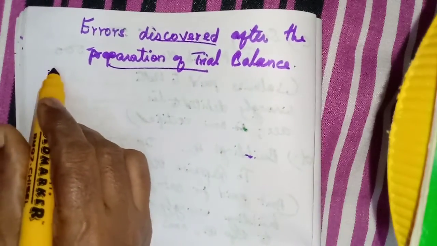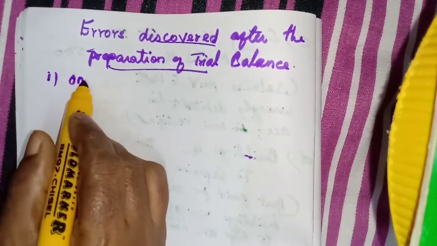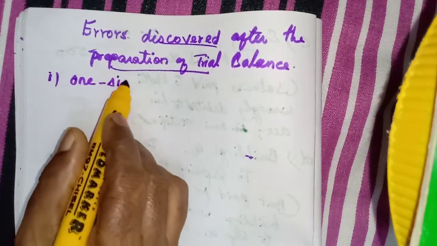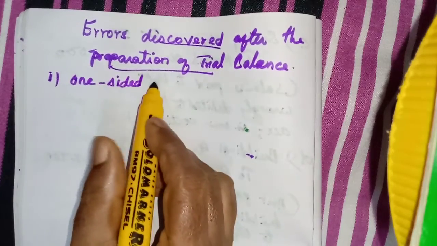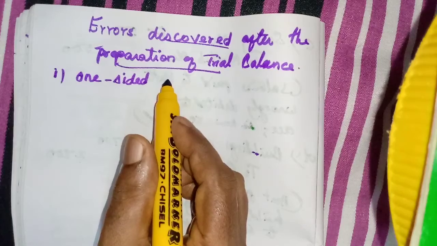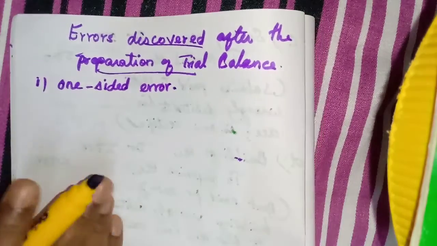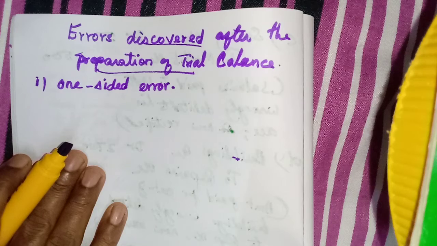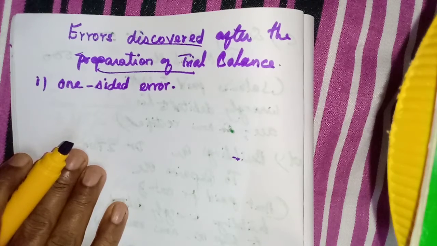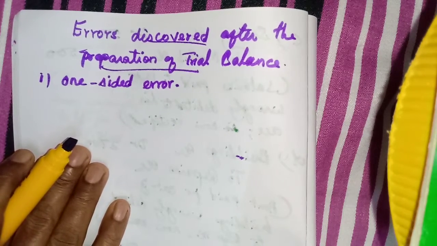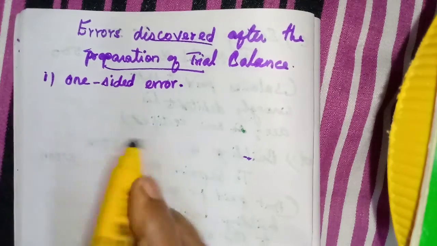So here first we will see the one-sided error, that undercast, overcast of purchases book. How have we rectified? We have written only one statement. Here, if the trial balance is not tallied, then what will we do?